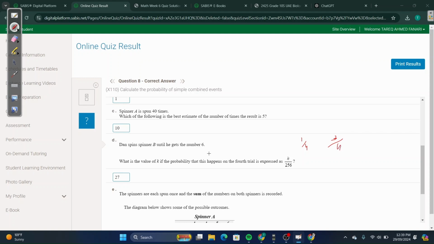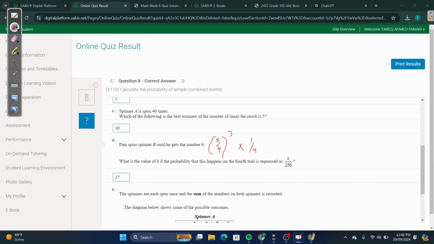We know he didn't land on 6 the first 3 times, because he landed on it the 4th time. So it's 3/4 cubed, that is 3/4 multiplied by 3/4 multiplied by 3/4, then finally multiplied by 1/4. Then you do this on a calculator.